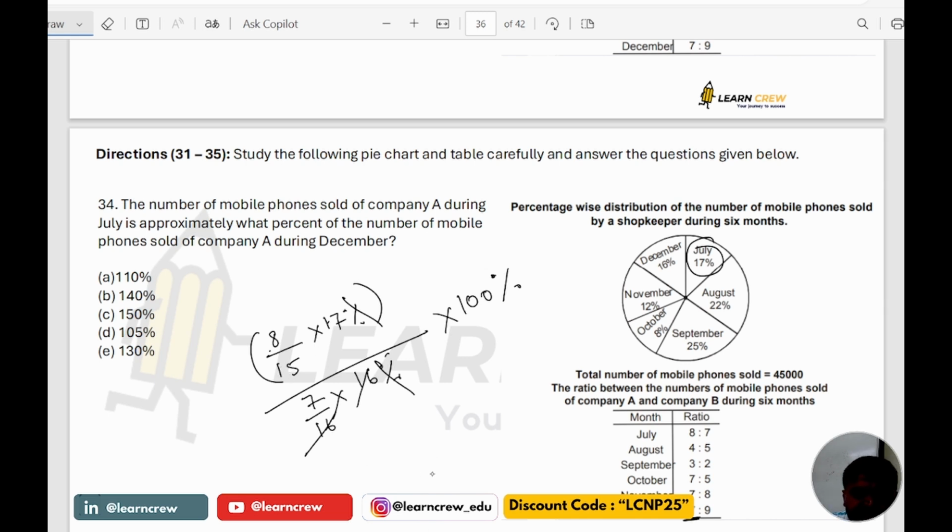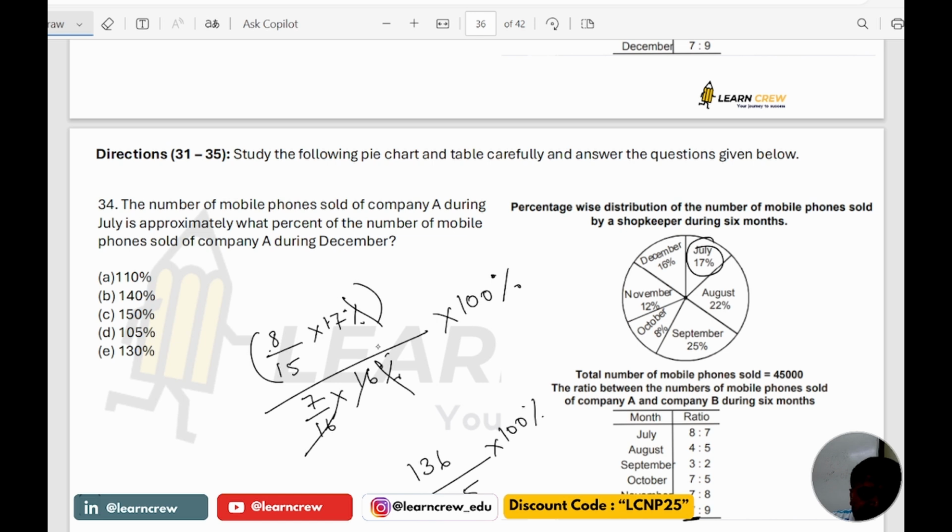If you simplify this, how much are you going to get? 126, 8 17s are how much? 136. 136 divided by 15 into 100. So how much are you going to get here? Am I correct or not?